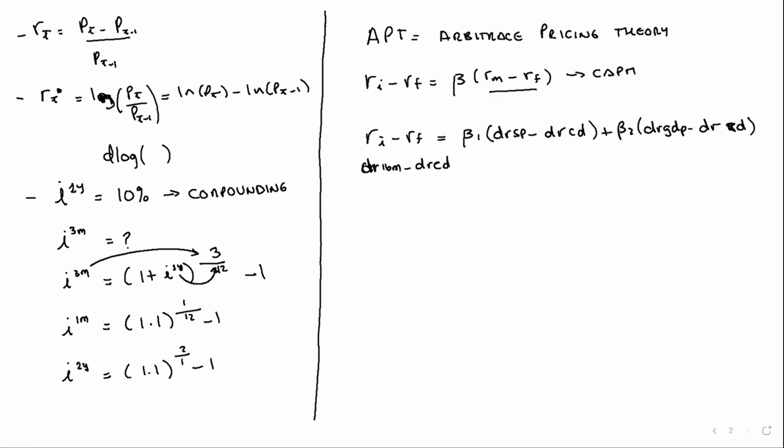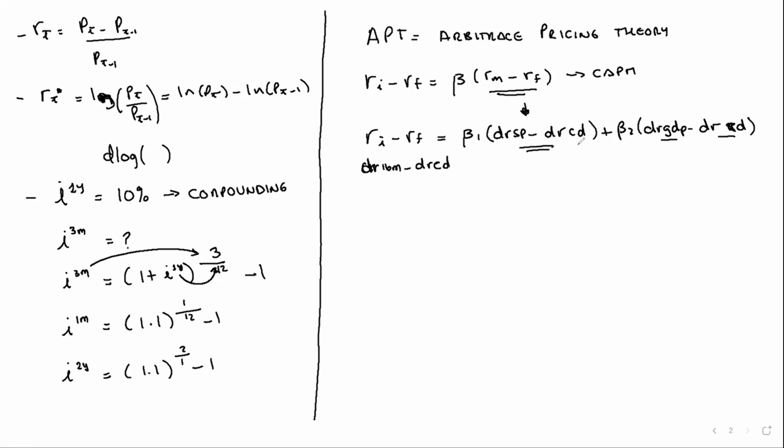Okay, and then you can add more factors: industrial productivity, inflation, labor, etc. But the APT model simply says, you know what, the CAPM is a particular case of the APT model, because this one here is this one here. But you can add more factors, okay? Cyclical factors, trend factors, momentum factors, etc. Make sense to everyone? This is the model we're going to be working with, guys.